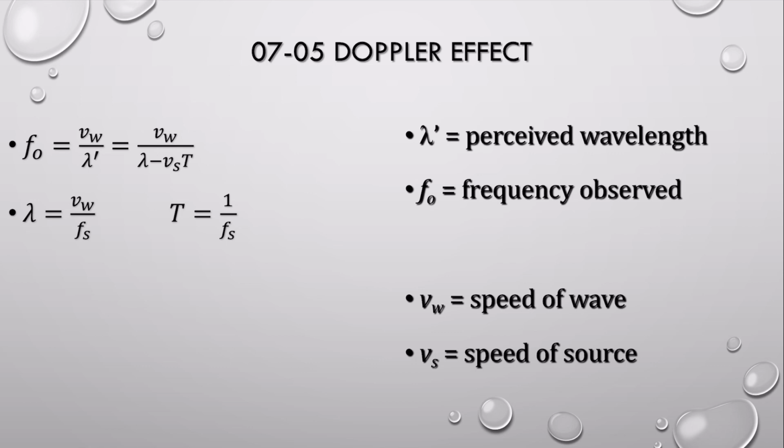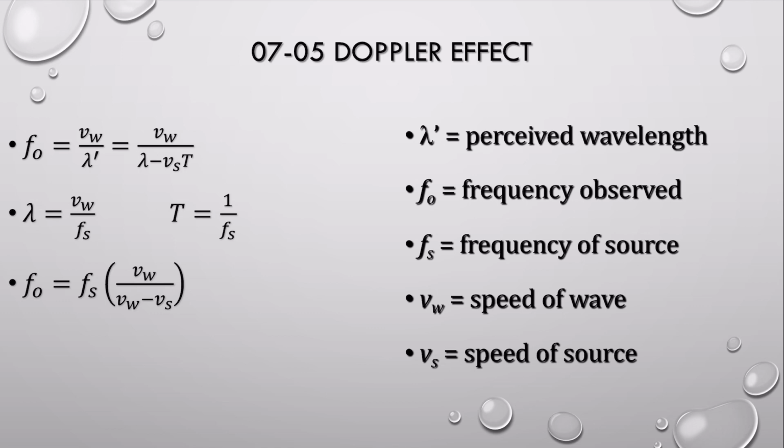Again, speed is frequency times wavelength. And the period is 1 over the frequency. So we can put those in and factor out the frequency of the source, and we end up with that. And so observed frequency would be the source frequency times this little thing where we're looking at the difference of the speed of the wave and the speed of the source.